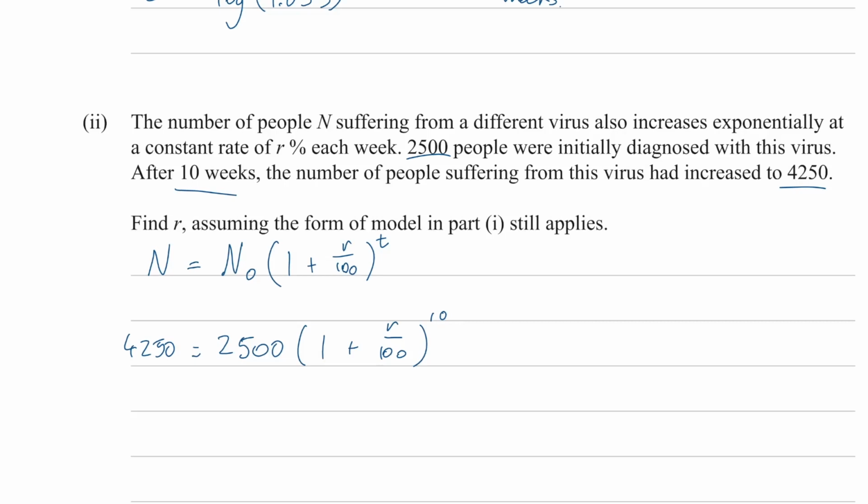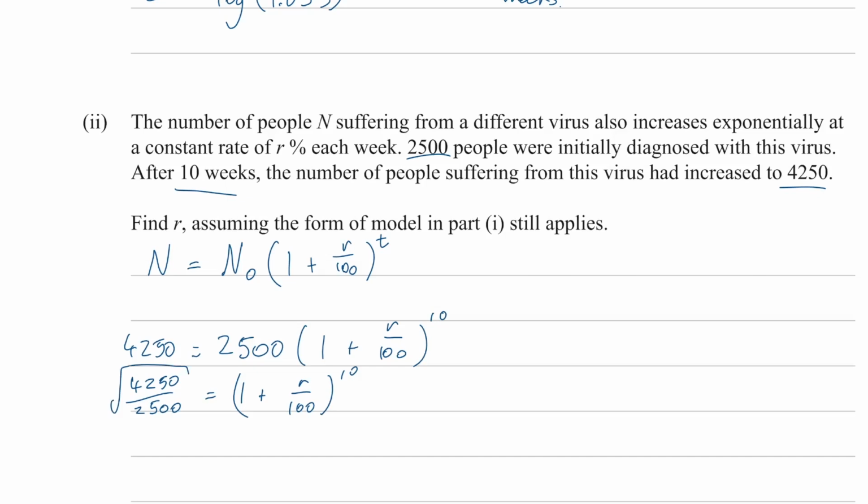So let's divide both sides by 2,500. Then we can take the 10th root of both sides.